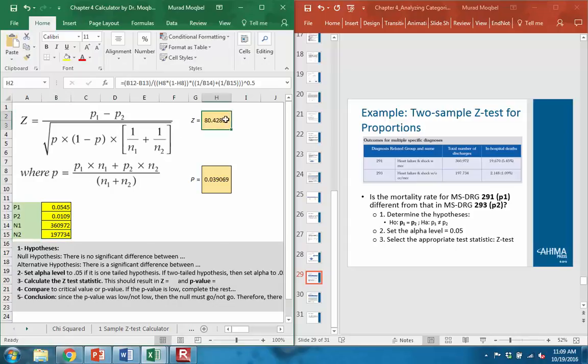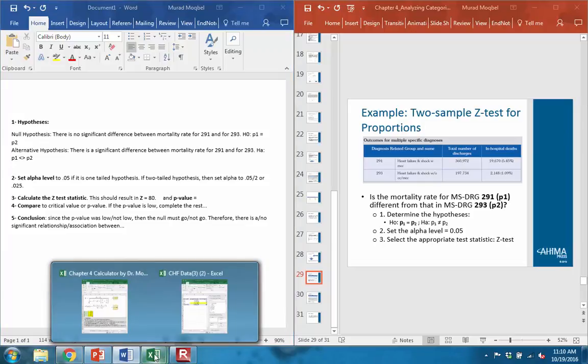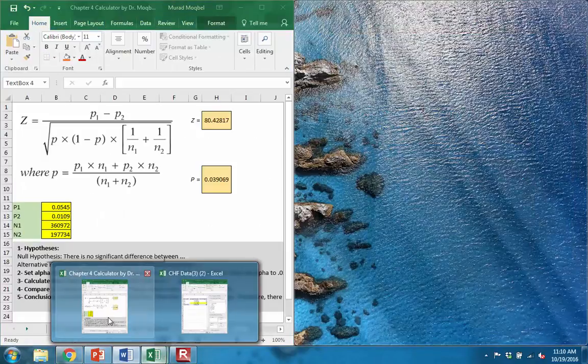Now I got the z-score. Since I know the z-score, I'll just put it here. Z-score is 80, all right, 80 point, whatever number that was. So 80.4.